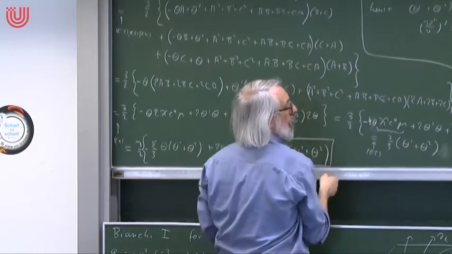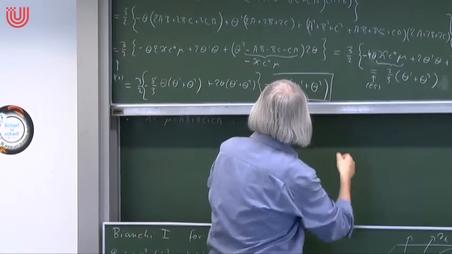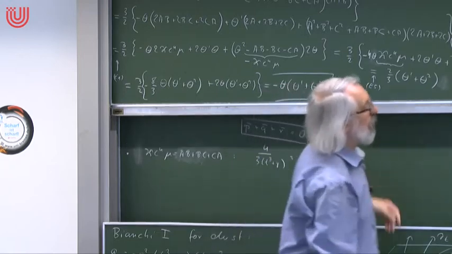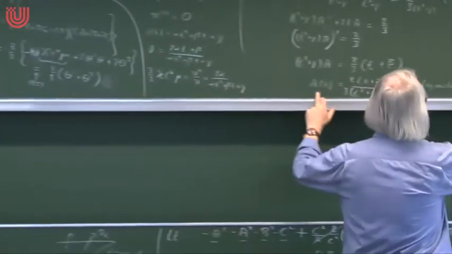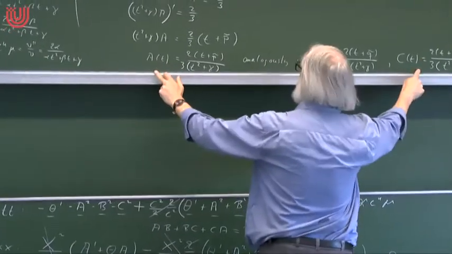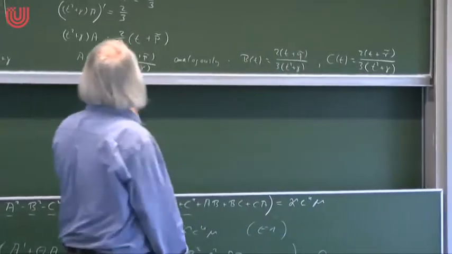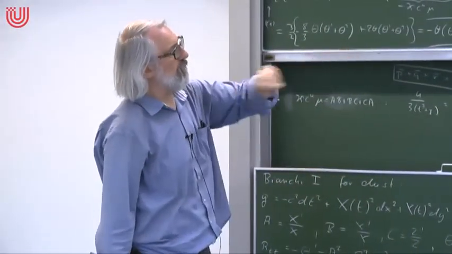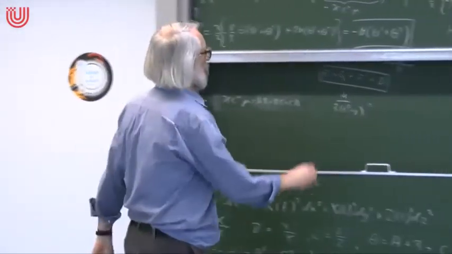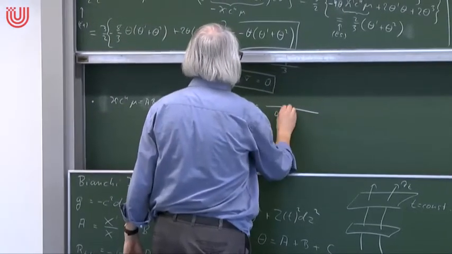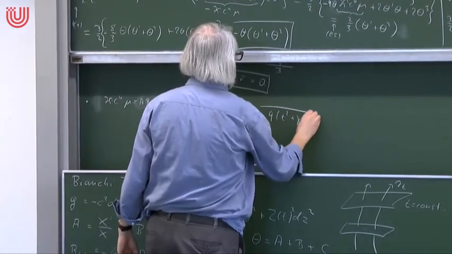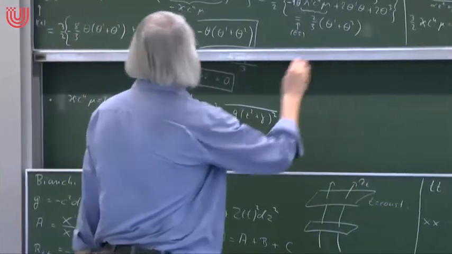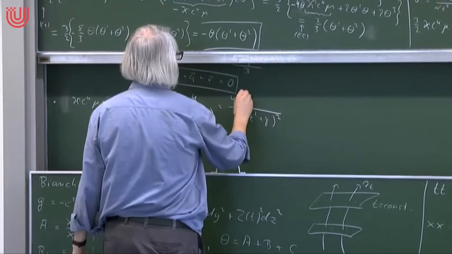So I have to multiply this with that, this with this, and this with this, and add these three things together. In the denominator, I have the denominators of A, B, and C squared, so I have 9 times t squared plus gamma squared. And in the numerator, I have the 2 squared, so I have a 4.